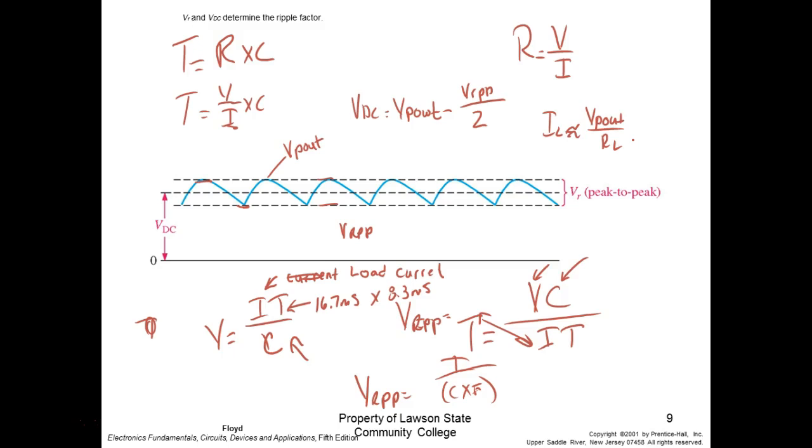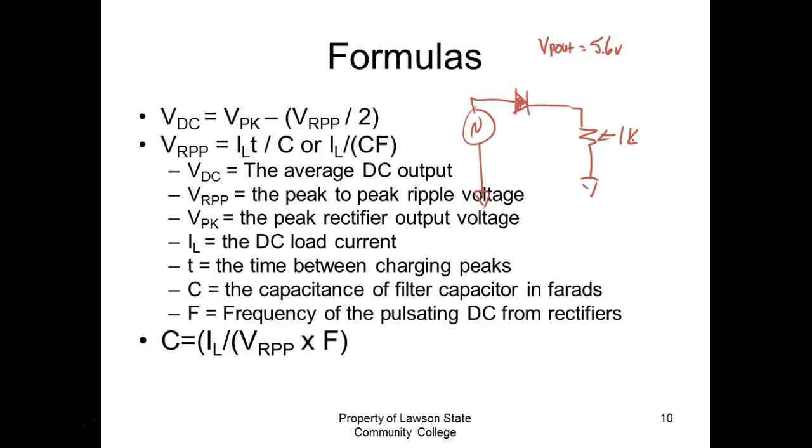Now, of course, when you design this, you're trying to size the capacitor. So this is the formula for sizing the capacitor. So when you design a power supply, what's the two main things you're looking for? So when I look at this power supply right here, what's the two main ratings on that thing?